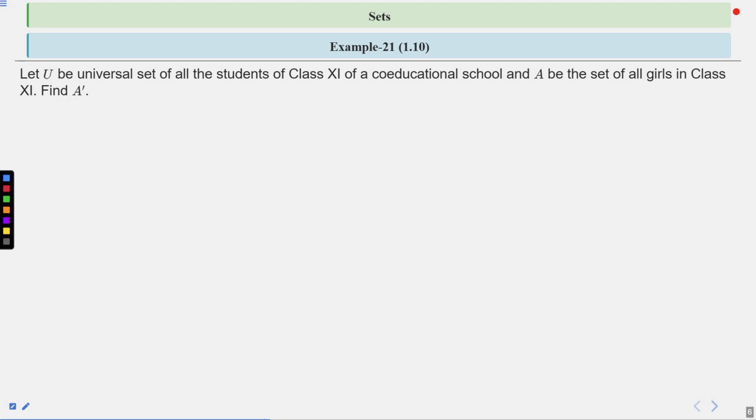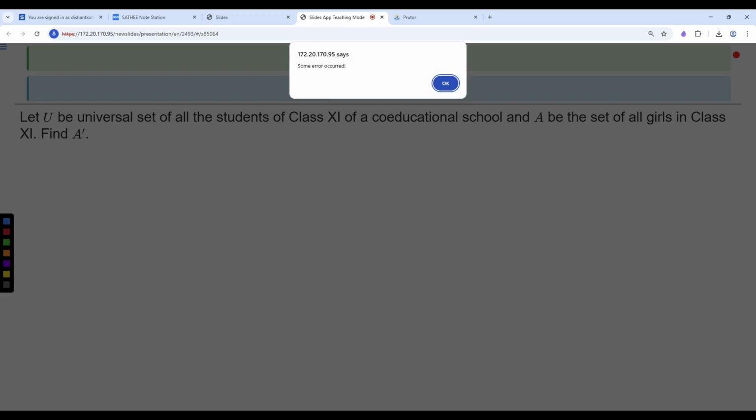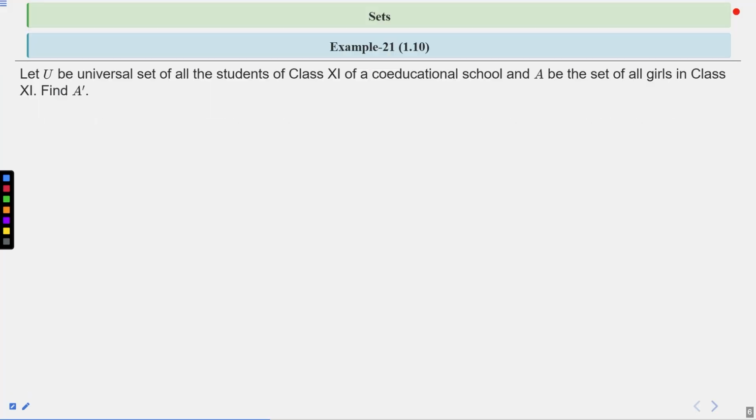Now, another example. If you have U as your universal set of all the students of class 11th of a co-educational school and A be the set of all girls in class 11th, then find out A complement.